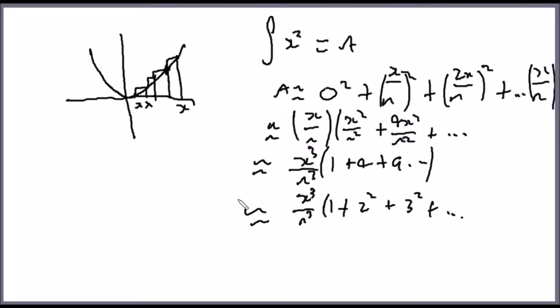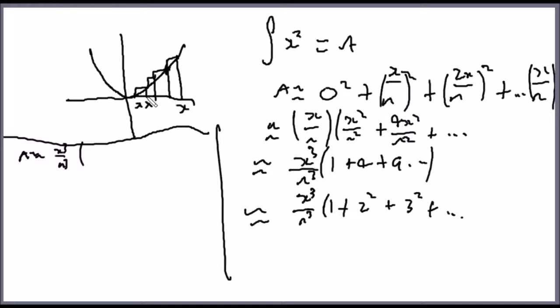So let's go left now. Apologies. The area is x cubed over n cubed times 1/6 times n plus 1 times 2n plus 1. And then this n is the same as these ones.